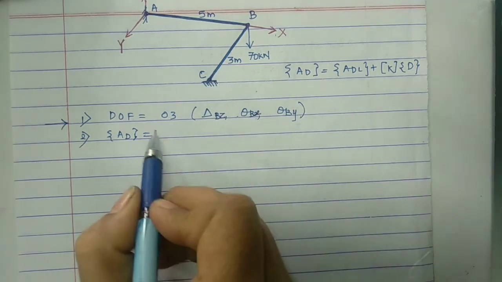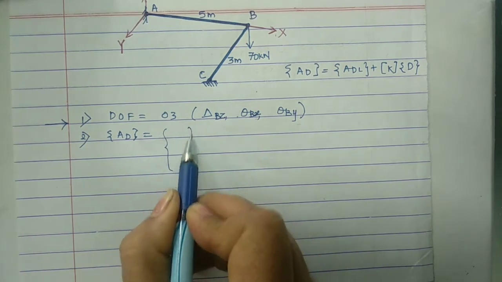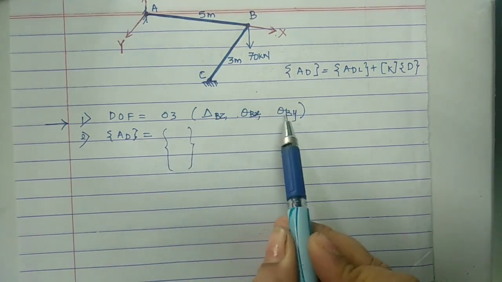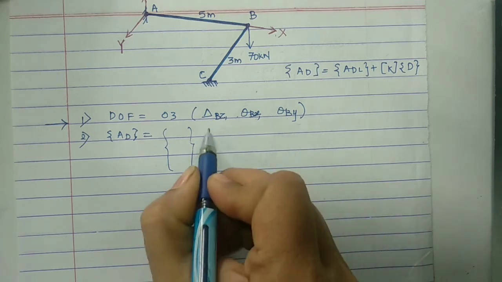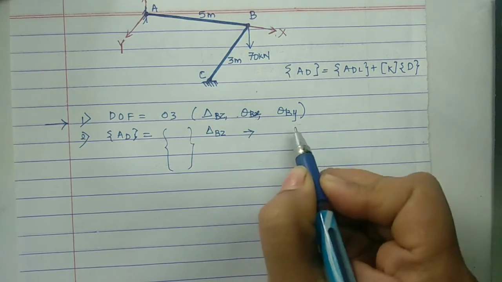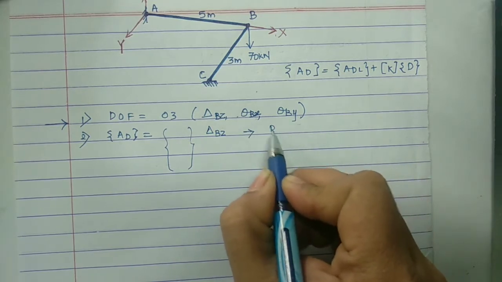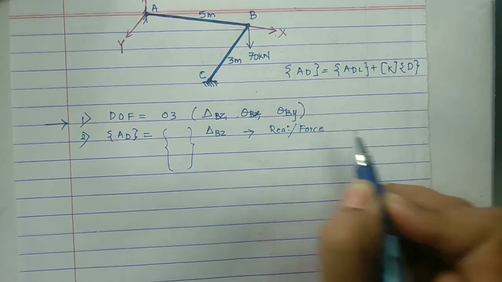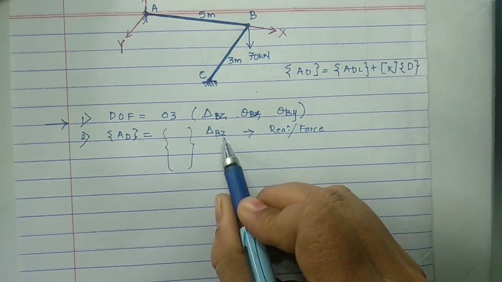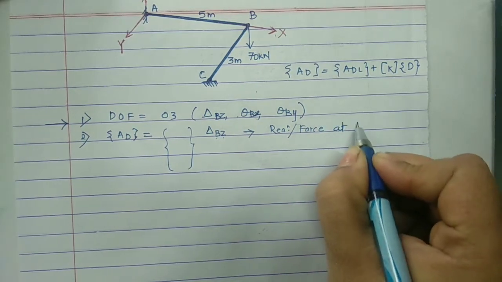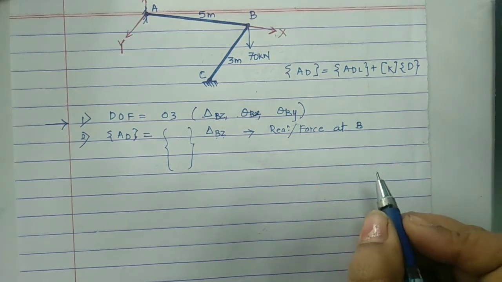Here it will be a column matrix containing 3 elements, and those 3 elements are the actions corresponding to these 3 degrees of freedom. First, the action corresponding to delta BZ, that is the reaction or force given at B point in Z direction in the original structure.